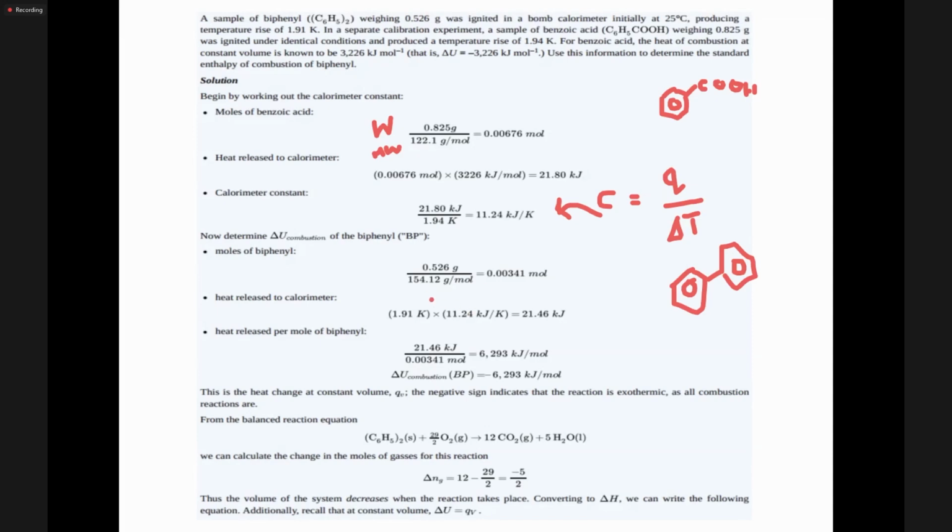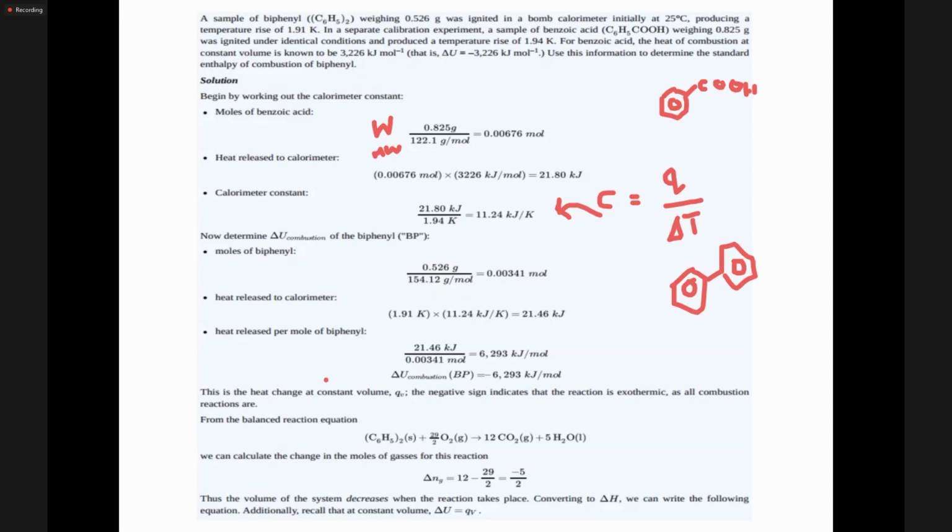The number of moles will be 0.00341 mole. Now the heat released to the calorimeter is calculated from the temperature rise of 1.91 Kelvin and the calorimeter constant we got from benzoic acid, 11.24. So the heat released to the calorimeter is 21.46 kilojoule.